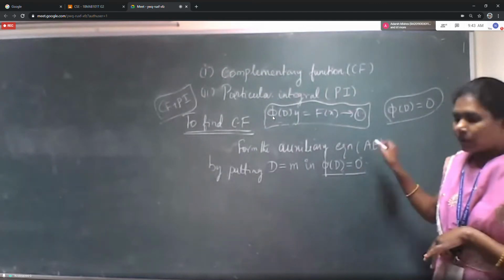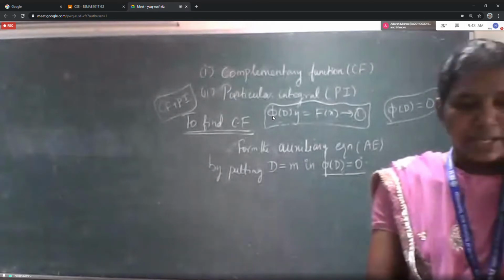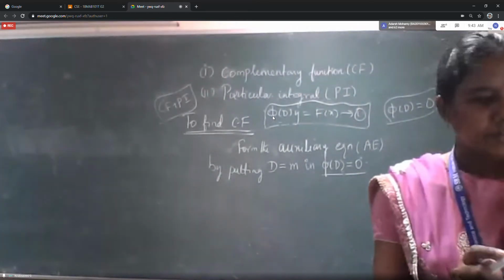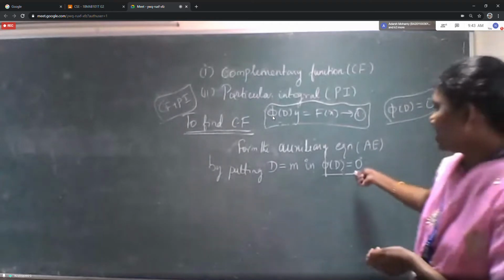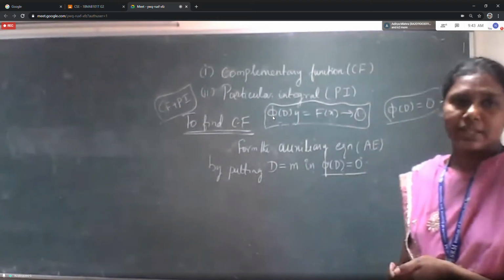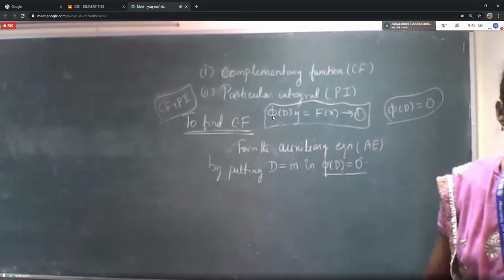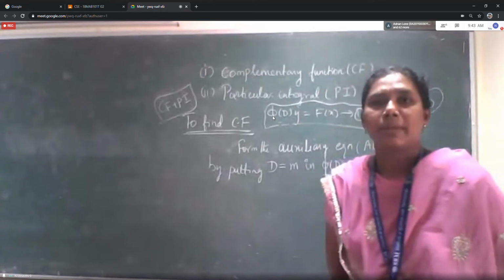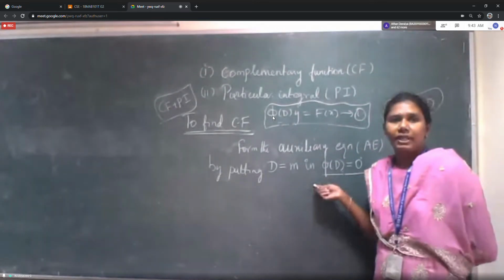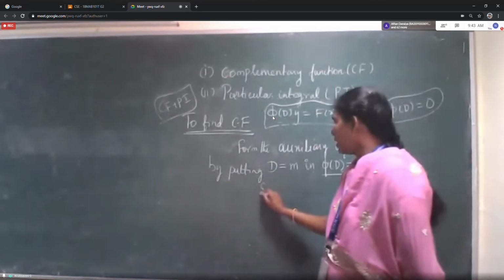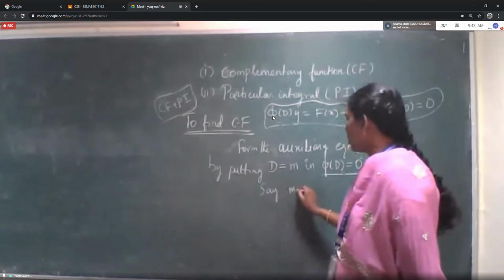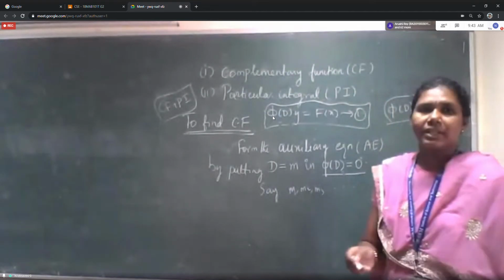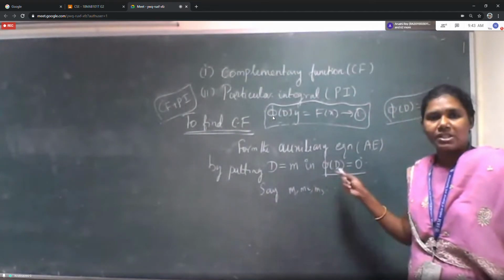Then, in the next line, you write: by solving this equation, we get n roots, say m1, m2, m3, etc. In case this is a quadratic equation, we will get 2 roots.